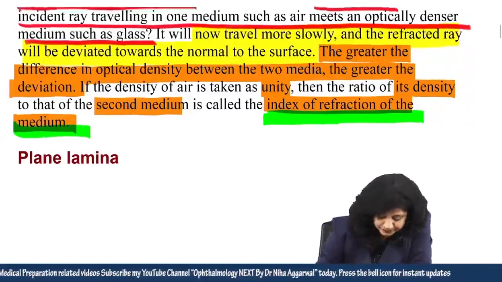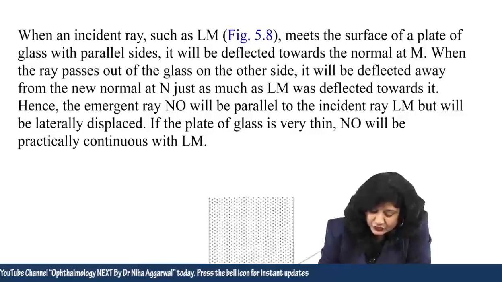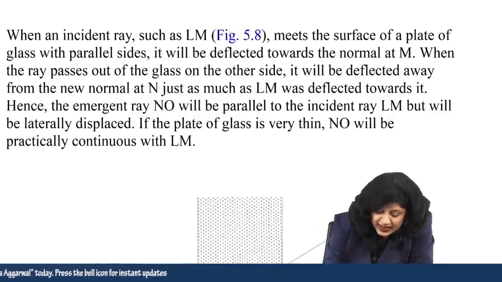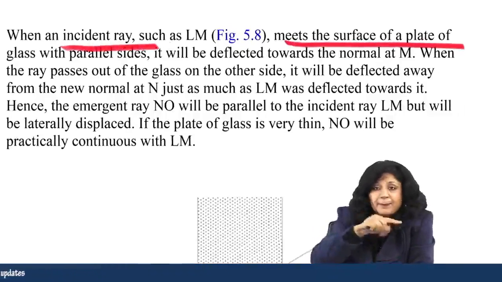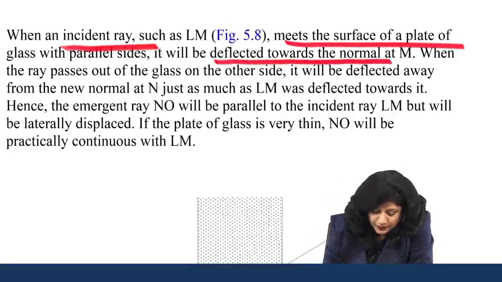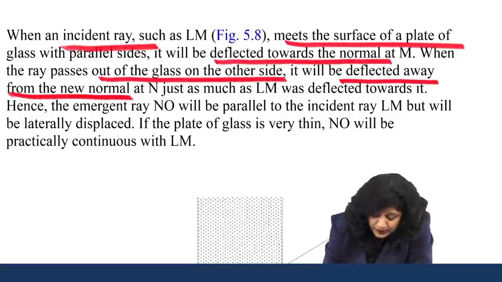Now, coming to the plane lamina. What they are saying is, when an incident ray meets the surface of a plate of glass with parallel sides, suppose light is coming and it is falling on the surface which has parallel sides, what is happening? It is deflected towards the normal. When the ray passes out of the glass on the other side, it will be deflected away from the new normal.